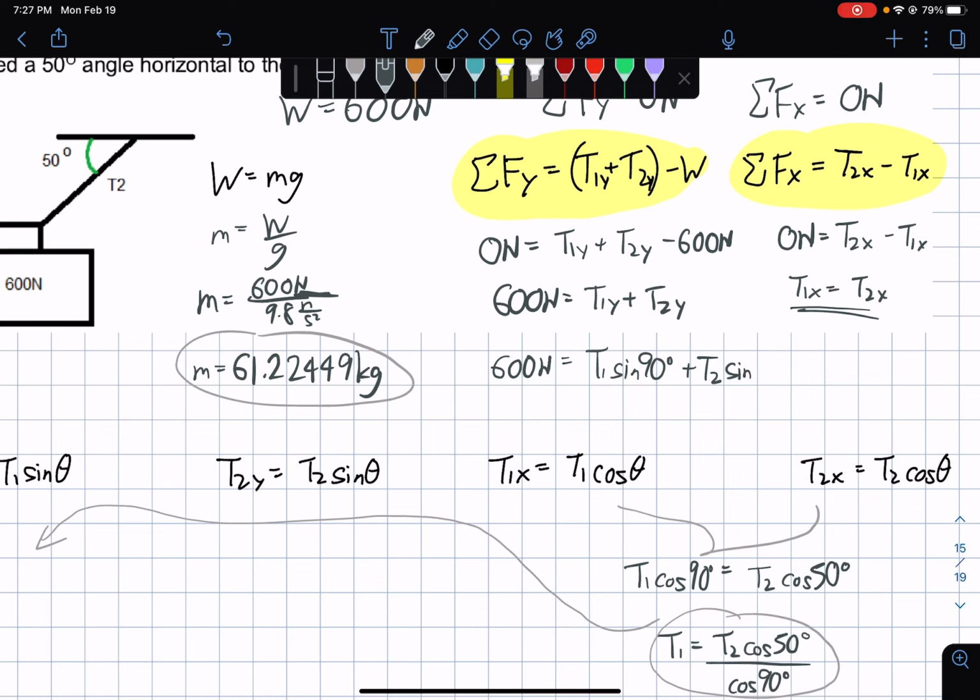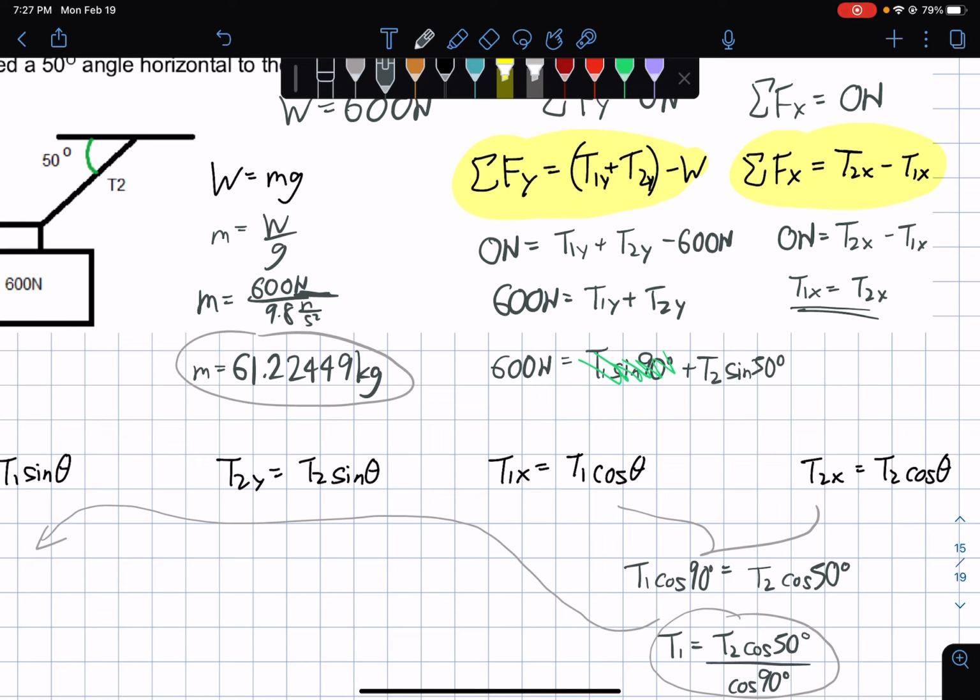For T2, the angle is 50. And according to my teacher's answer key, this just suddenly disappears for some reason. Although this is 1, 1 times anything is still equal to 1. Maybe this becomes 601 or 599. This just becomes 0, essentially.